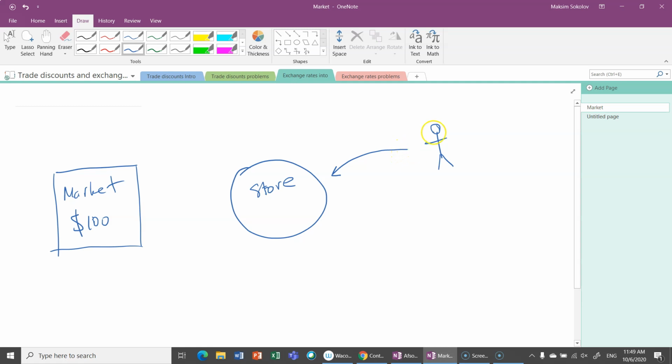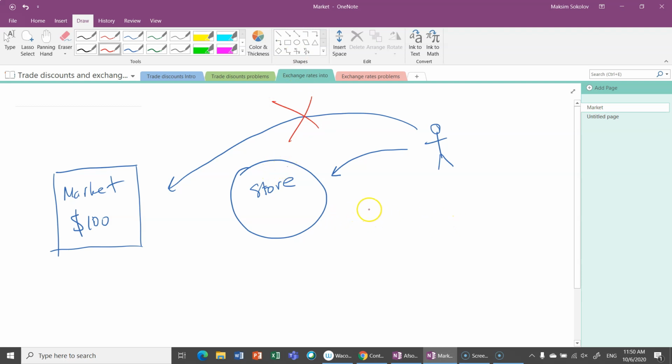So the trick is that these consumers cannot interact with that market. So for example, if some consumer would like to buy a product, they have to go to your store. They cannot go to that market. So they have access to your store, but they don't have access to that market. They have access only to your store.